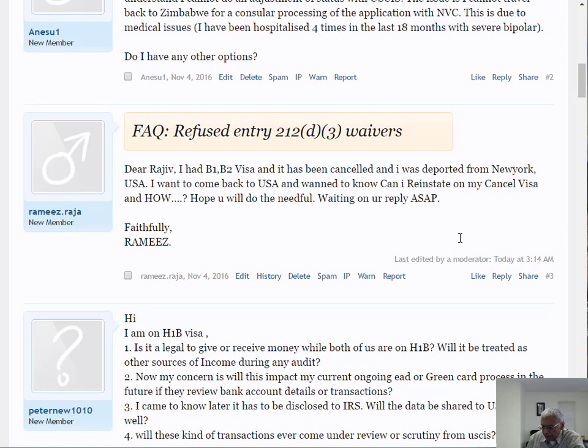Well, first of all, if you were refused entry and you were formally excluded from entering the United States, there's a 5-year bar from coming back. And that bar can be waived by 212(d)(3) if you get some kind of a non-immigrant visa.